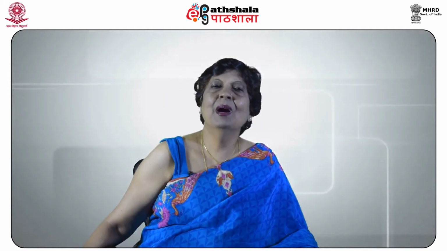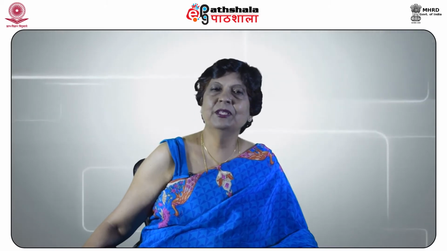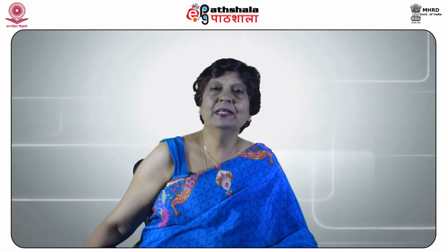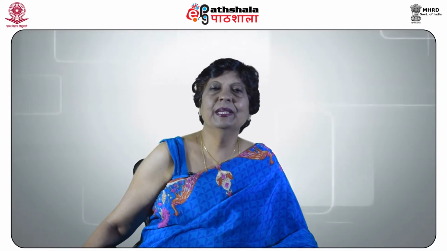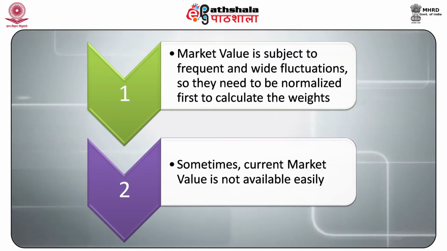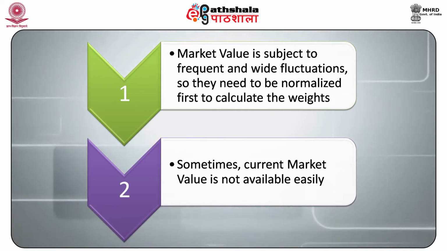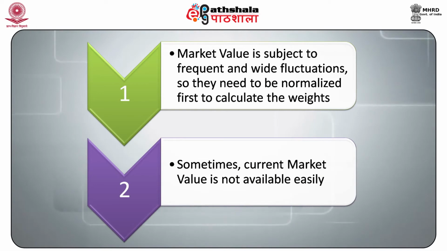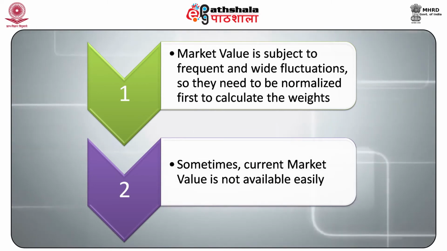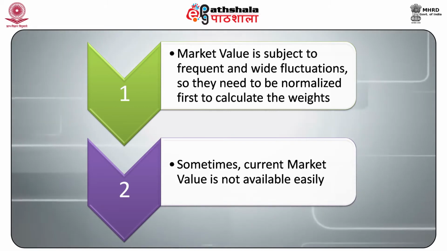But market value weights are also not free from limitations. There arises difficulty in using them because, number 1, market value is subject to frequent and wide fluctuations. Therefore, they need to be normalized first to calculate the weights, and sometimes current market value is not available easily.